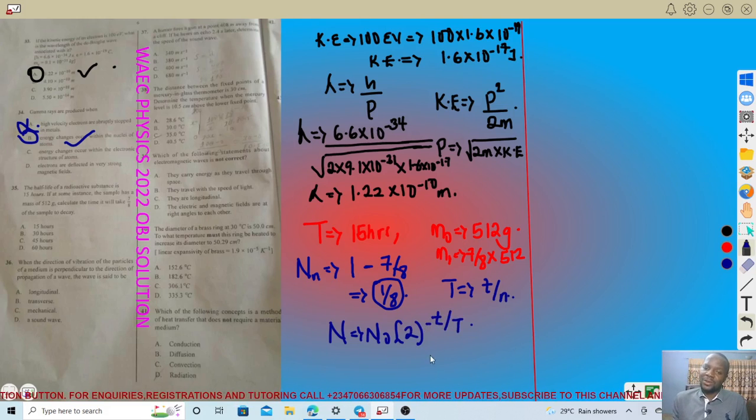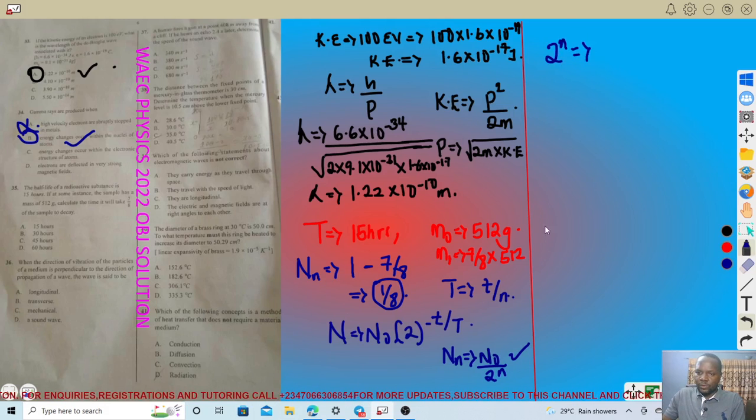If you don't want to use that, you can also use N equals N naught over 2 raised to power n, which is also famous. Anyhow you are doing it, all that matters is for you to know how to substitute and get the answer. So this is 1 over 8 N naught, and N naught will cancel out. From here, 2 raised to power n equals 8, which is 2 raised to power 3.